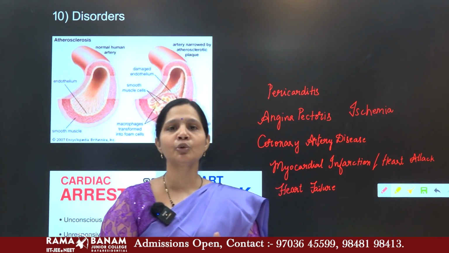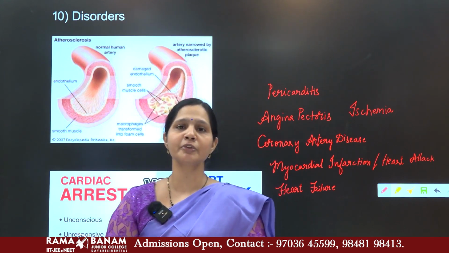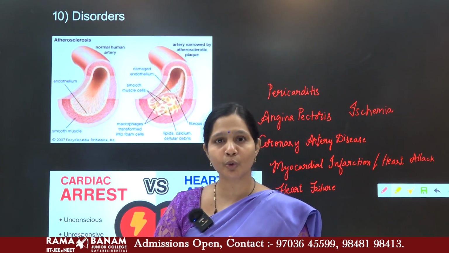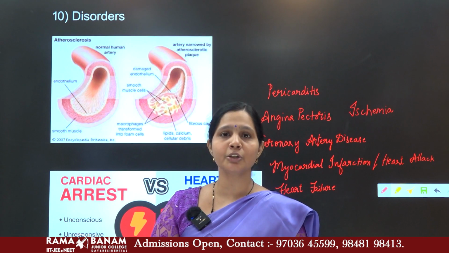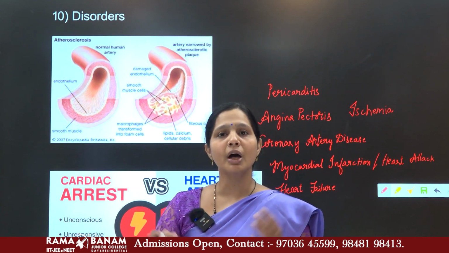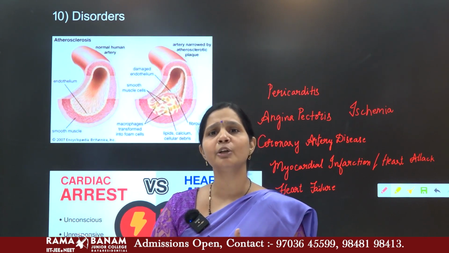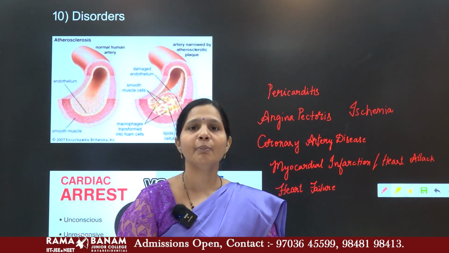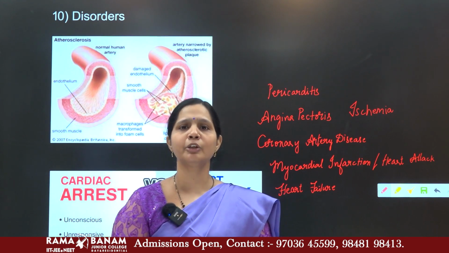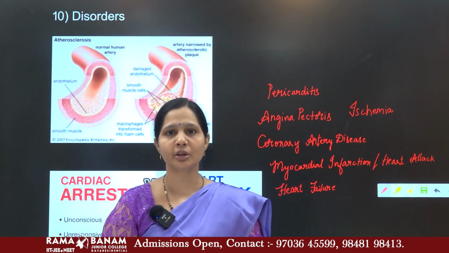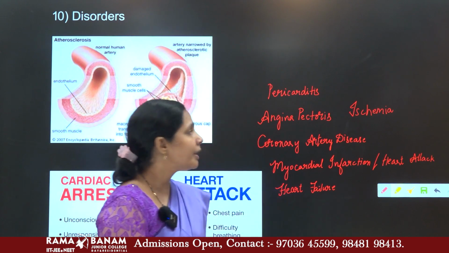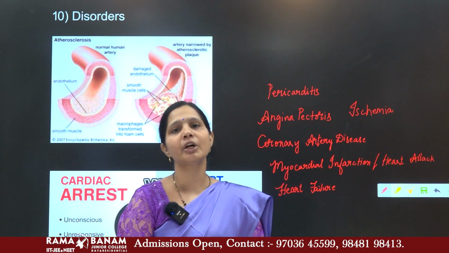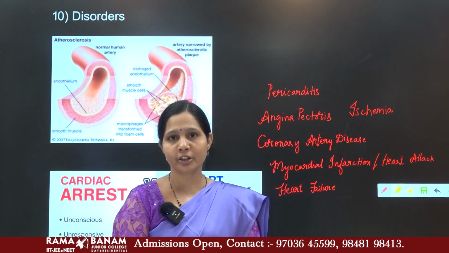So during atherosclerosis, there is deposition of some unwanted materials like cholesterol, and because of prolonged smoking, prolonged consumption of alcohol and all, these unwanted materials get deposited on the walls of the artery in the endothelial lining, making the lumen of the artery much more narrow. Due to this there will be insufficient supply of blood and oxygen to the muscles of the heart itself, which can be fatal, right?